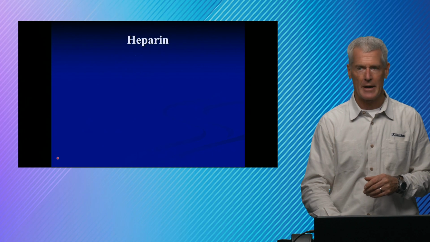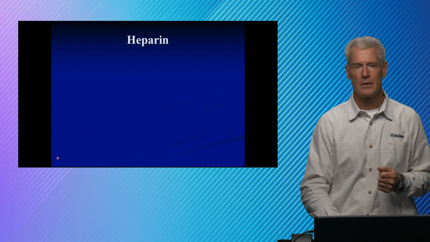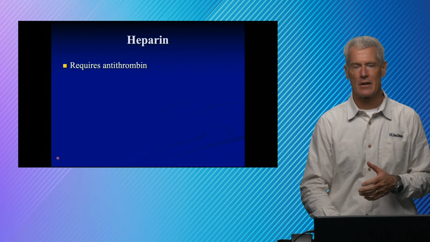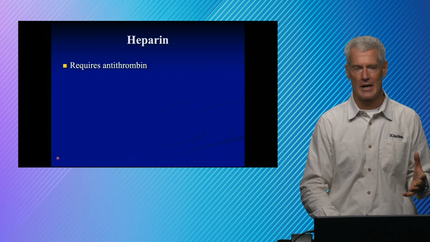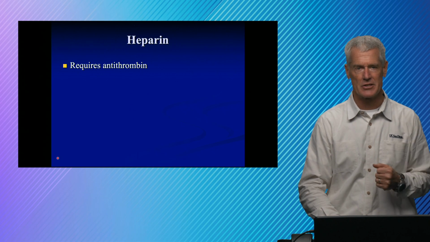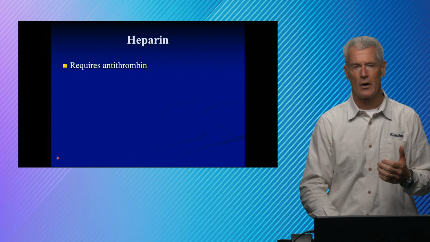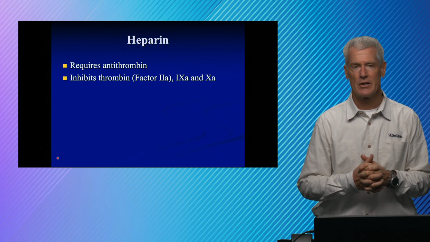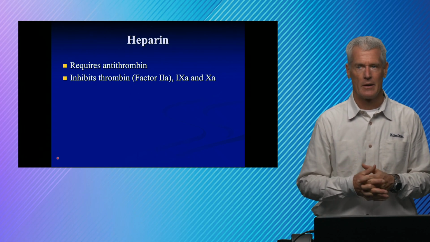So quickly about some of the drugs that are commonly monitored in the laboratory. Heparin is analogous to heparin. Heparin is endogenously formed. Heparin is exogenously administered. It requires antithrombin to work. And so if patients are antithrombin deficient, heparin's not going to work.